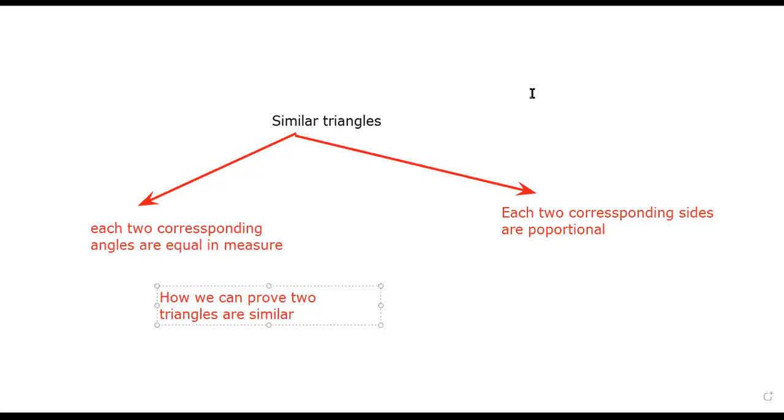By side, side, side. Okay. How would you prove that they are similar by using side, side, side? We will make sure that each two corresponding sides are proportional. Okay. Thank you. What else?